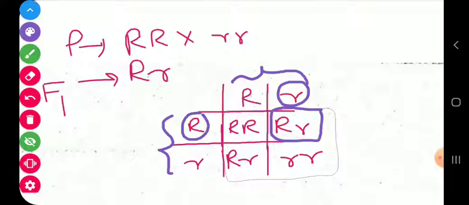What's the probability of this? It is taken from the product rule we discussed earlier. So go back and try to understand that again if you did not. The probability of getting a small r allele from the father into the gametes is half.